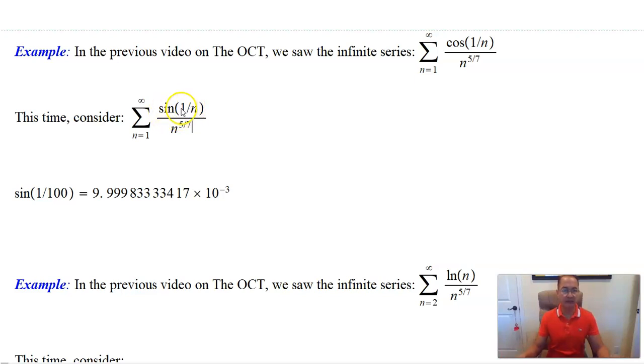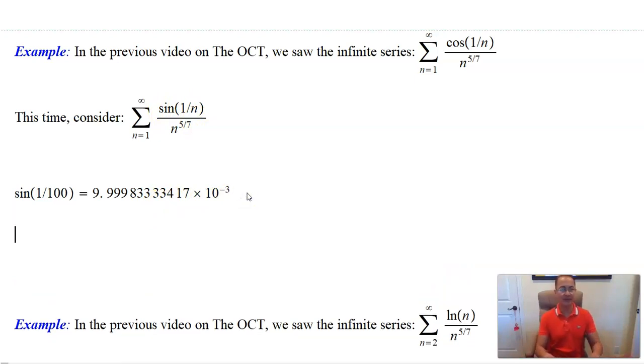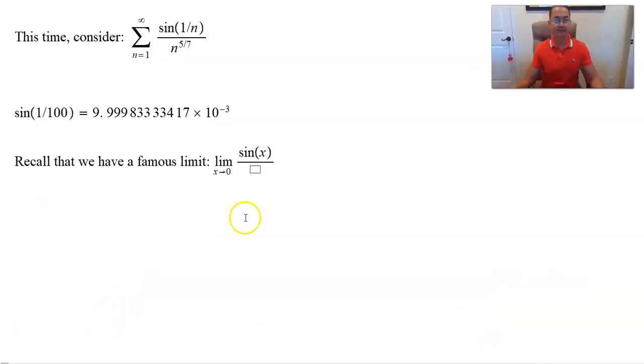this thing over here, except it's getting smaller and smaller. So we do know something about it. Recall that we have a famous limit. Here's our famous limit. I hope you remember this from basic calculus.